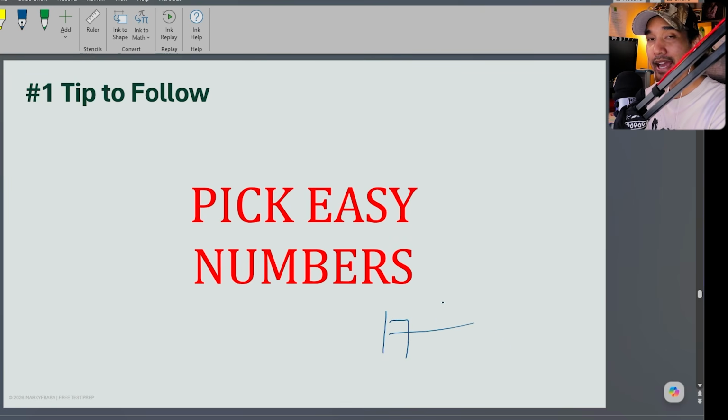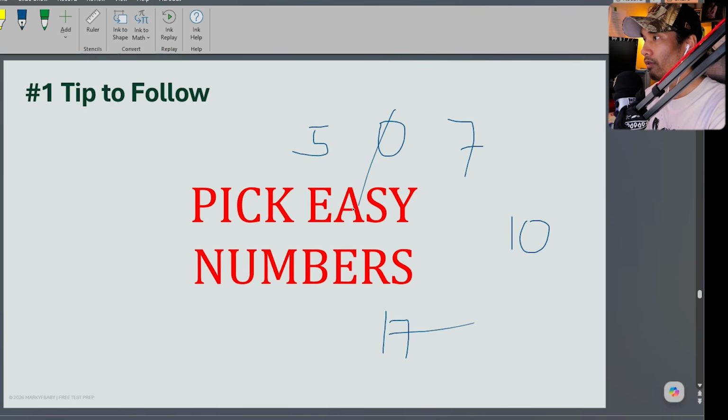X greater than 6, choose 7, or choose 10. Choose one of the easy numbers. If it says x is less than 6, choose 5 or choose 0. And then plug it into the equation and see what happens. Always choose easy numbers.